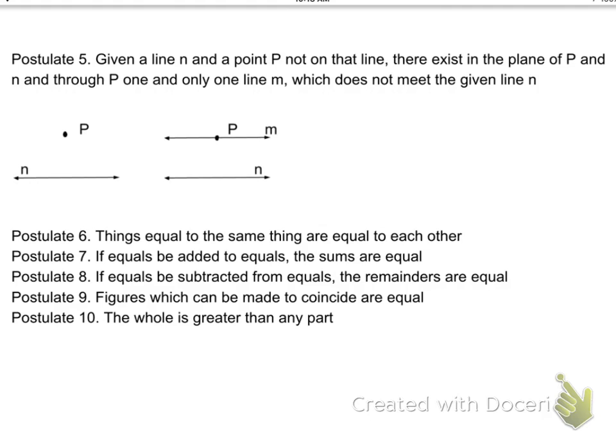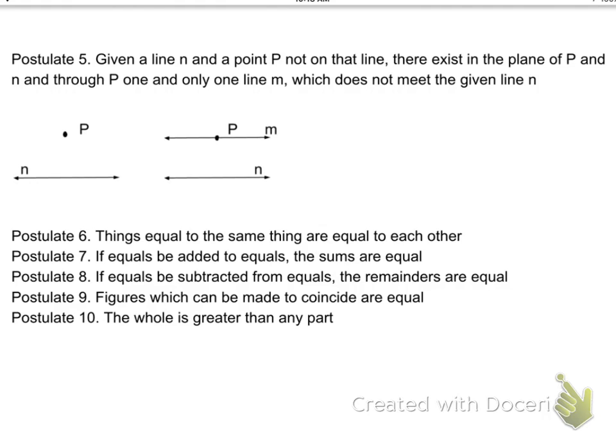As long as they're on the same plane, there exists one and only one line M that would go through P and not touch this bottom one. It would have to be parallel. So there exists one other line through P that would be parallel to the original.